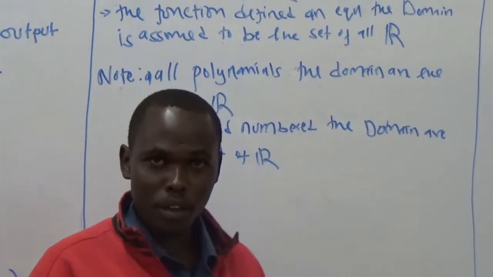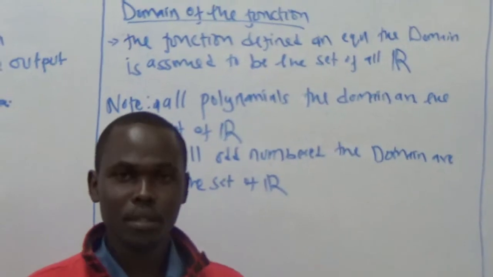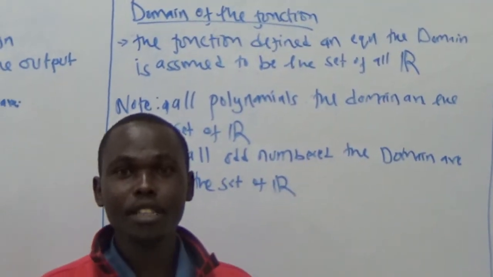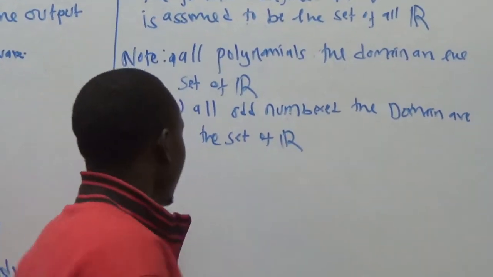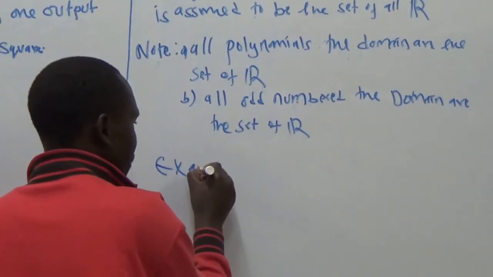If you have any polynomial and you have been told to find the domain, it will be the set of all real numbers in that function. Let's go to our first example.